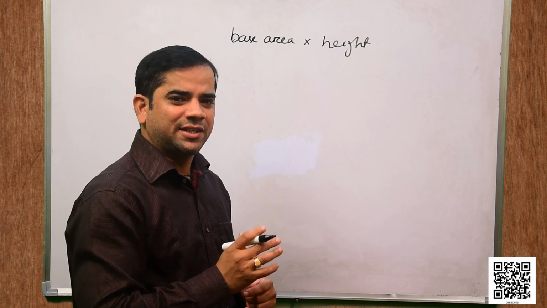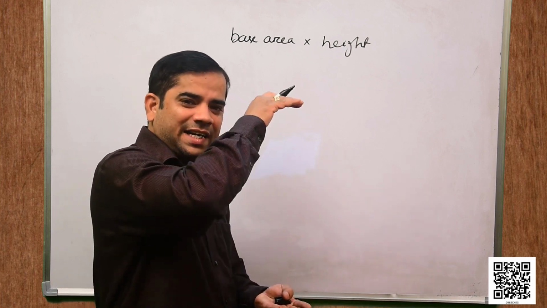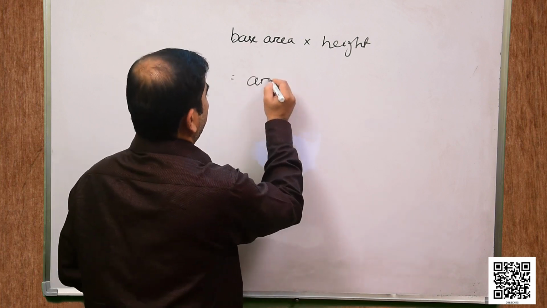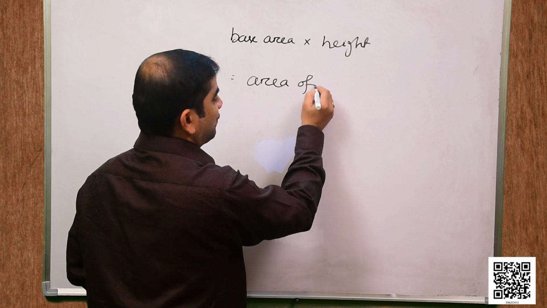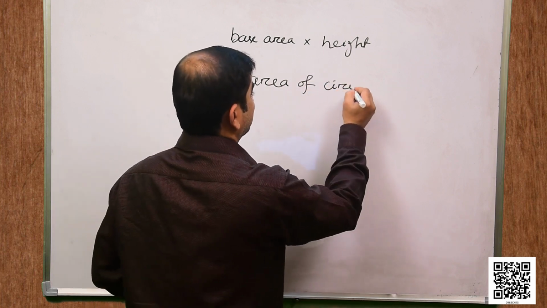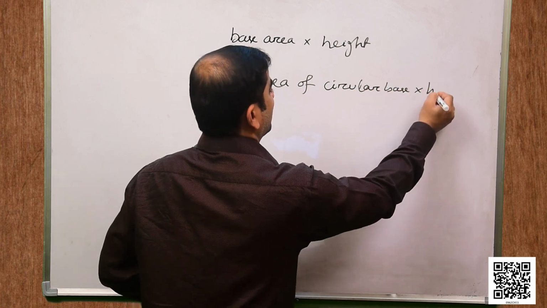So all the circles have the same area and they are covering a distance or a height. So area of a circular base into height.